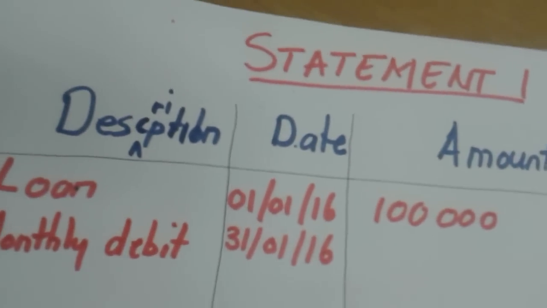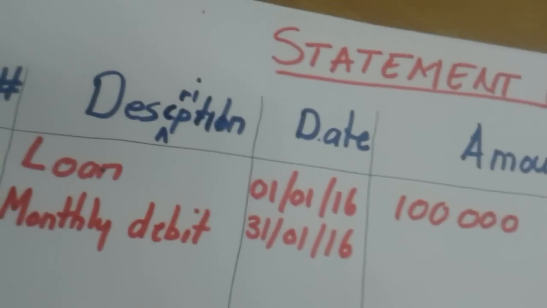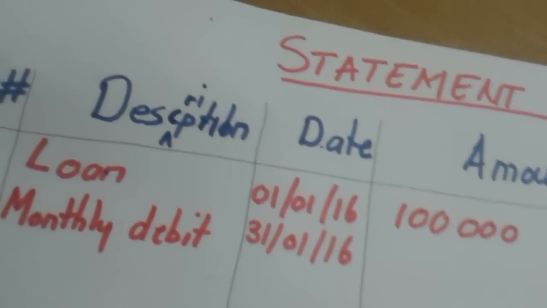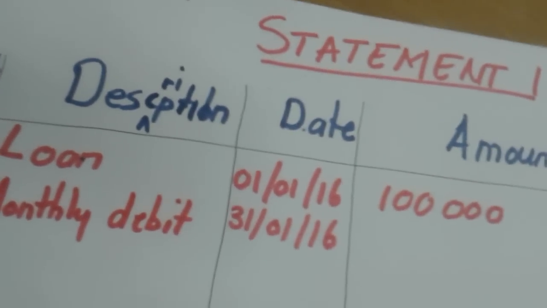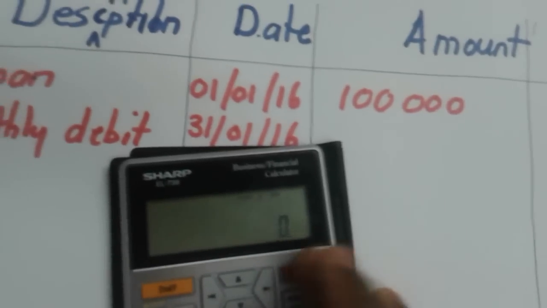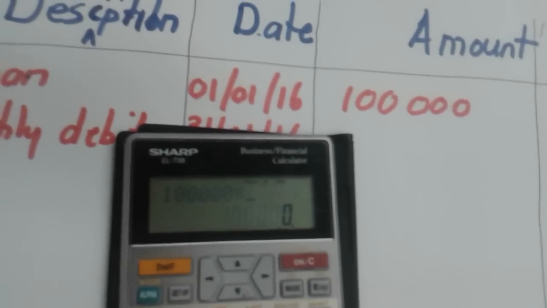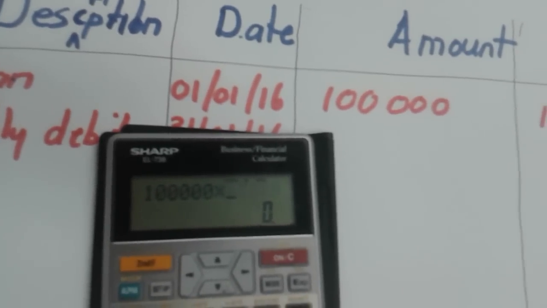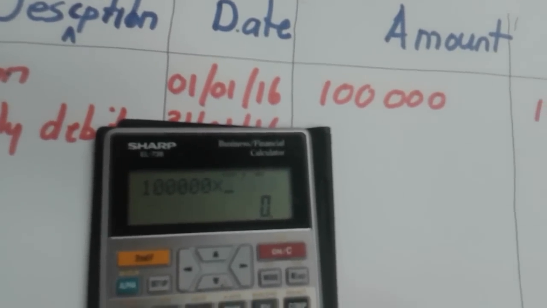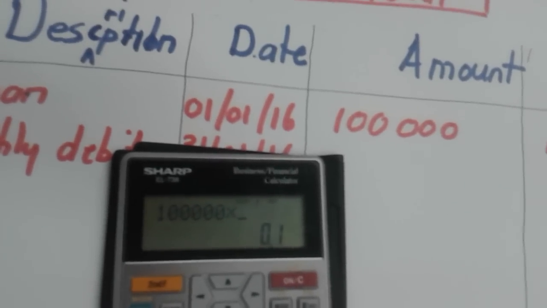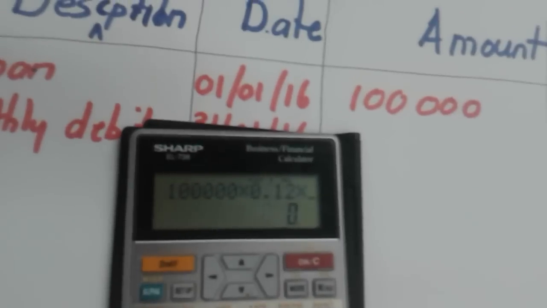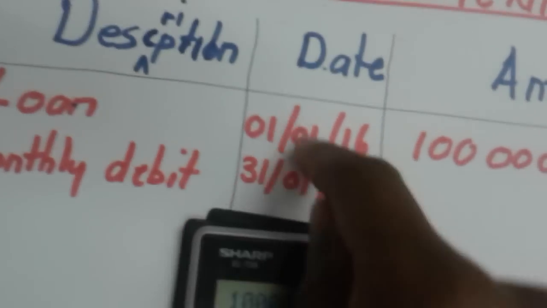Now, the interest, as you all know, is equal to A times I times N. Our opening balance is 100,000, which is the A, multiplied by our I, which is the 12%, which is 0.12. Our N, remember, interest is at the end of the month.